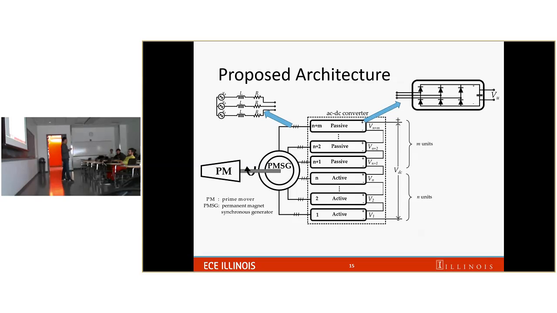And for the selection of the passive, we just simply use a diode bridge. And for now, we have a capacitor to filter out all the ripples. The reason to go with the diode bridge is because for high power, it is efficient.